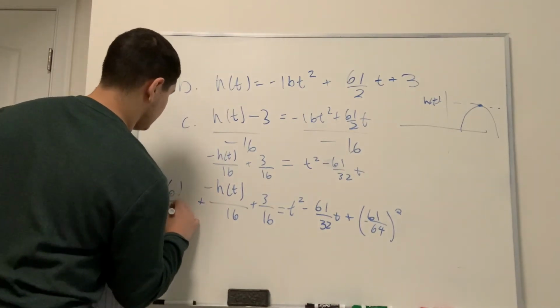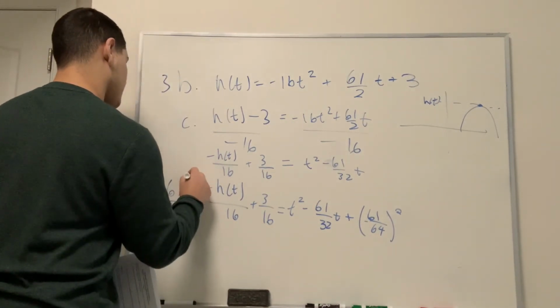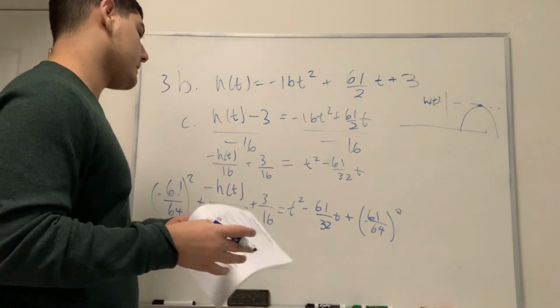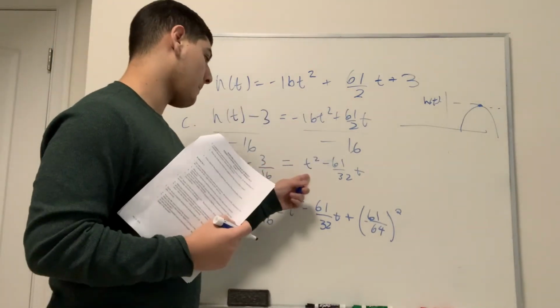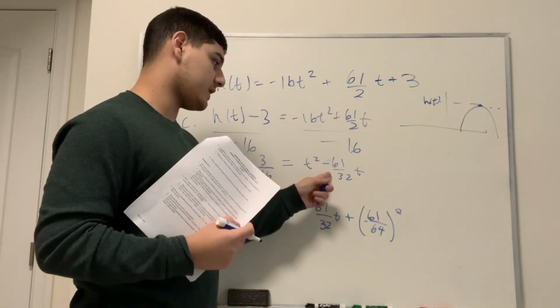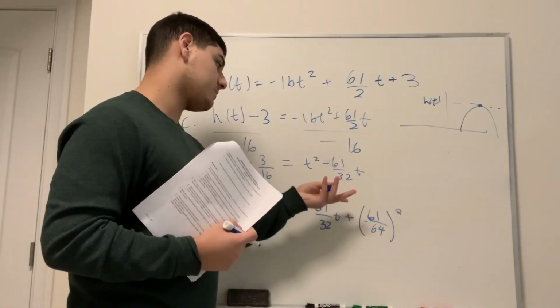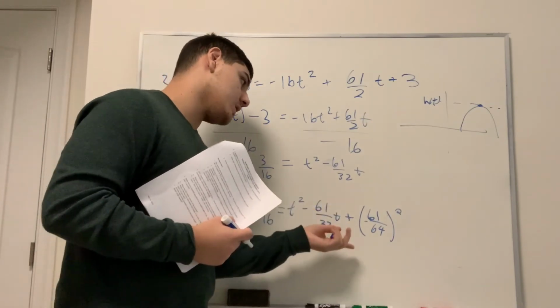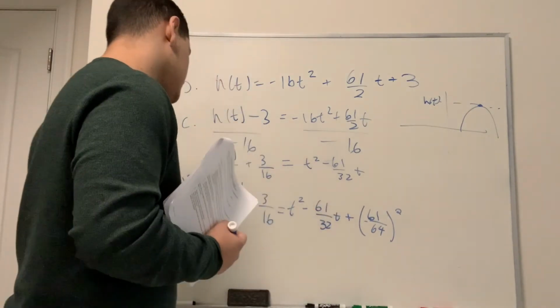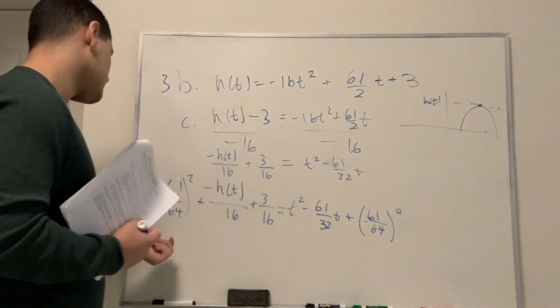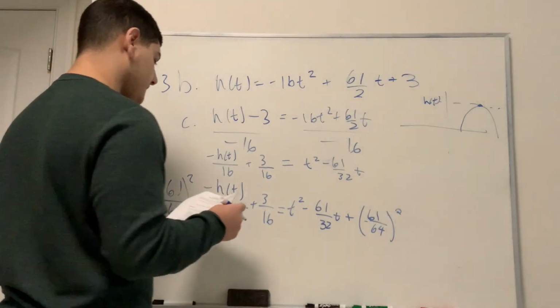I'm basically completing the square here, where I took half of negative 61 over 32. You divide by 2, multiplying by 1/2, it's negative 61 over 64, and you want to add that to both sides after you square it. So that's what we did here.